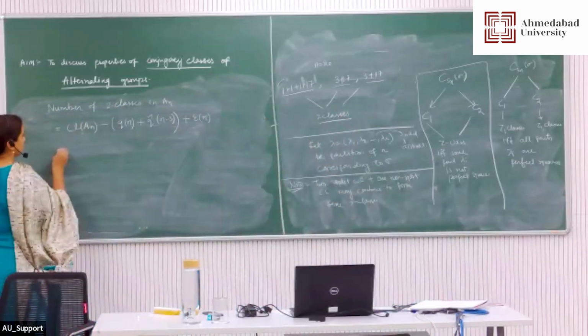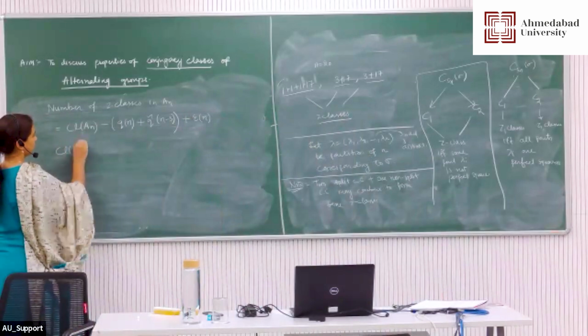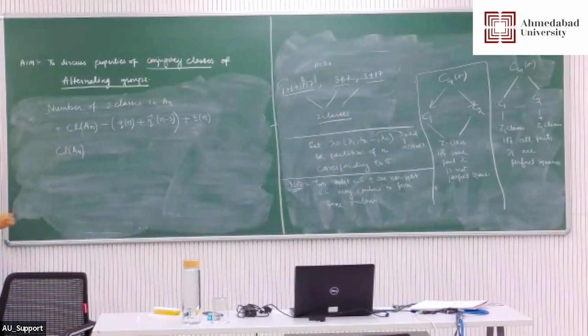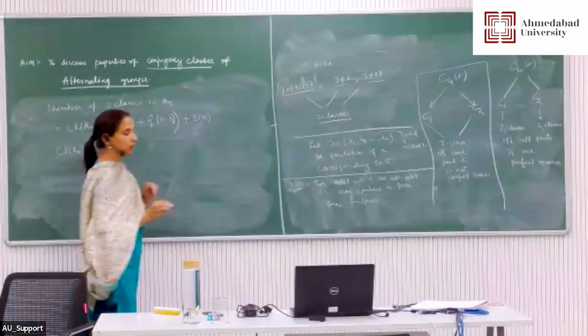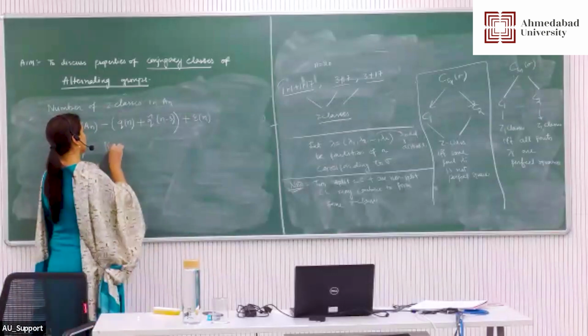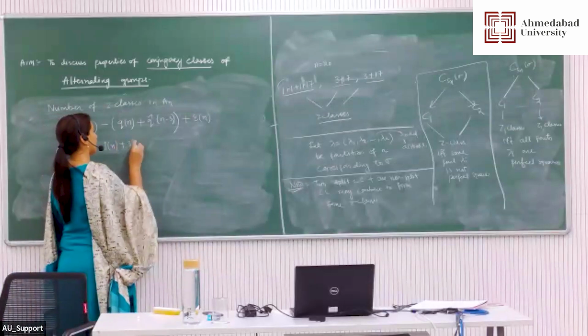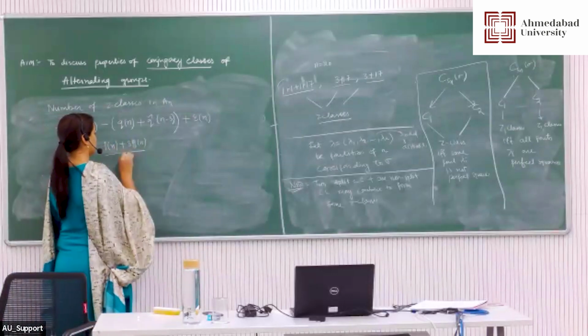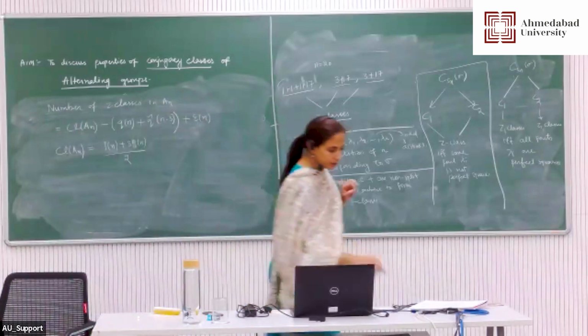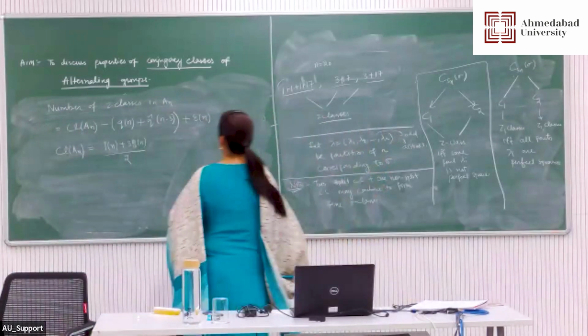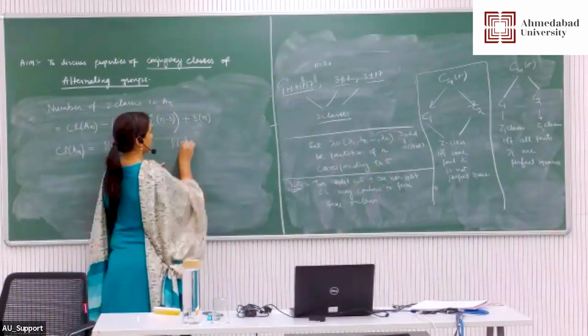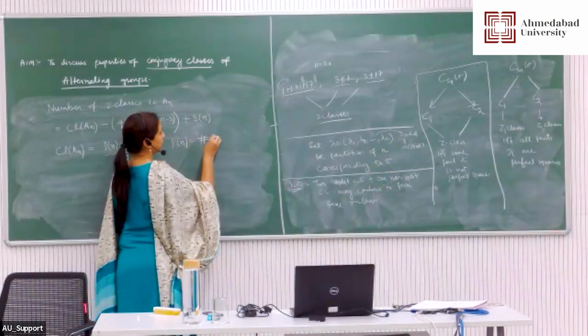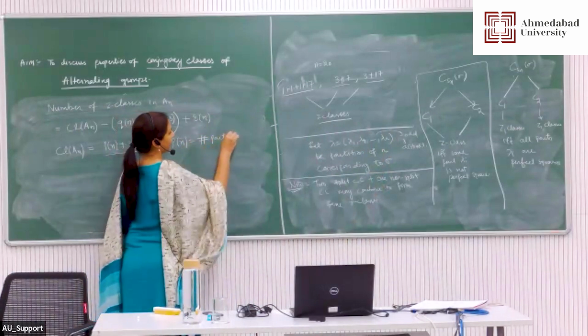So the number of conjugacy classes in AN is equal to, I think, partitions of N plus 3 times Qn by Q. Here Pn denotes the number of partitions of N.